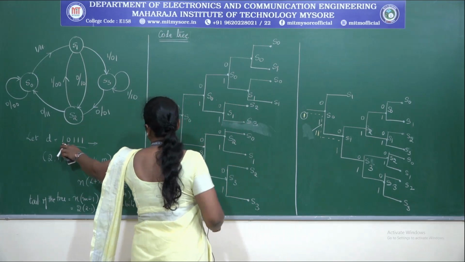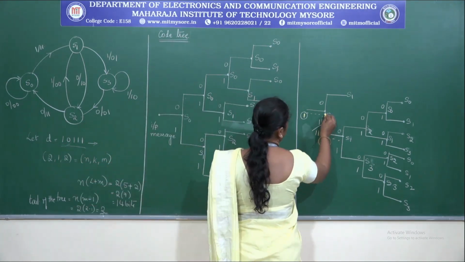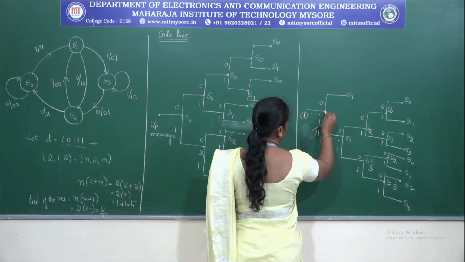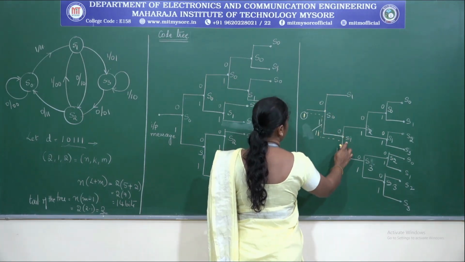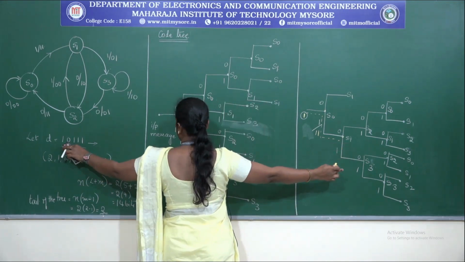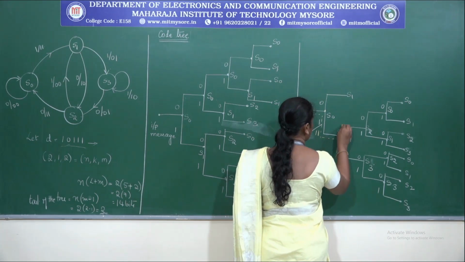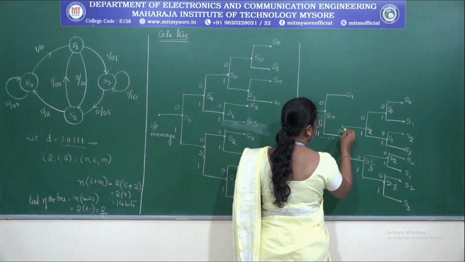So this is for the first bit. So next. After that with 1, it goes to the S1 state. So with S1 state with input 0, that means it has to make a transition upwards.